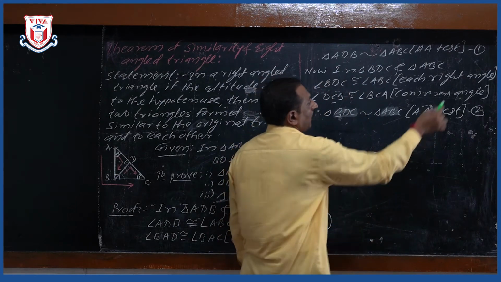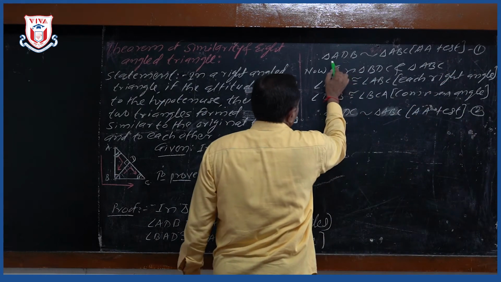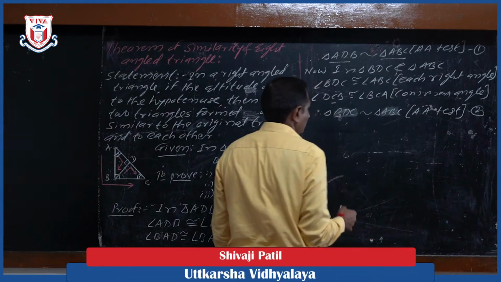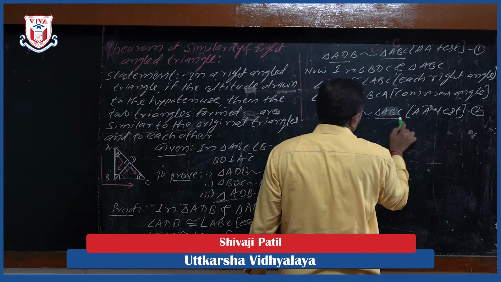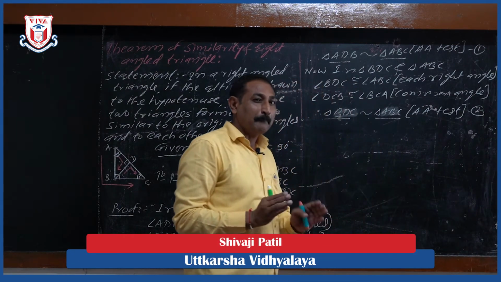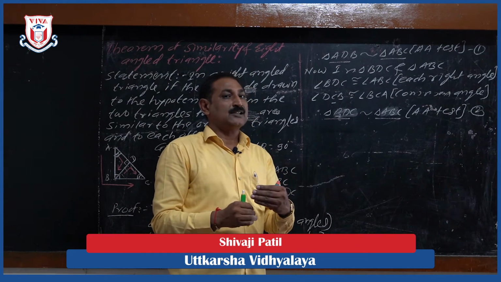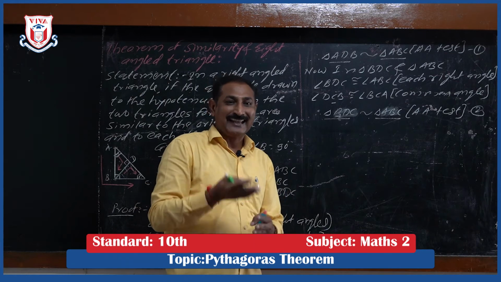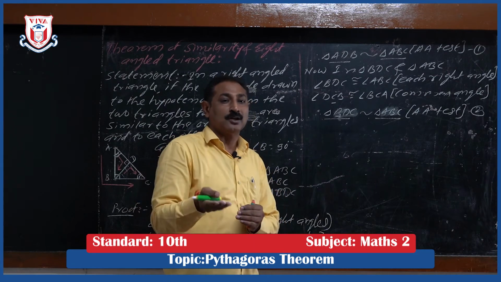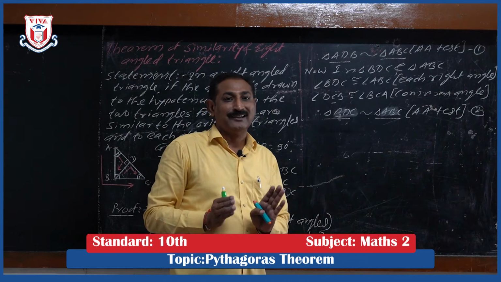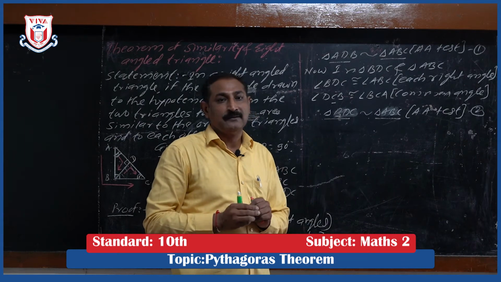Now from 1 and 2, here triangle ADB is similar to ABC, and triangle BDC is similar to triangle ABC. Therefore by transitivity, if the first triangle is similar to the second and the second is similar to the third, then the first and third are similar. This is called the transitivity property.